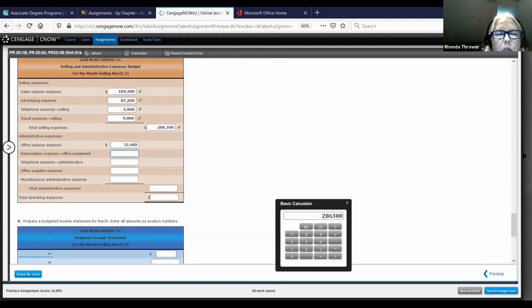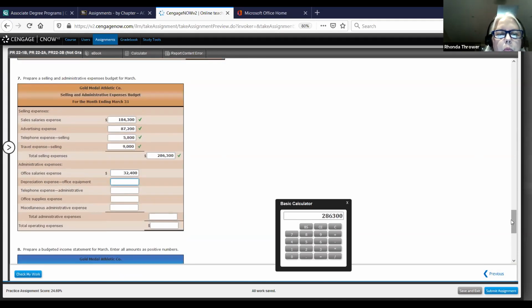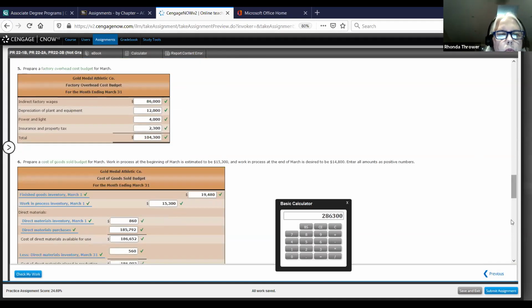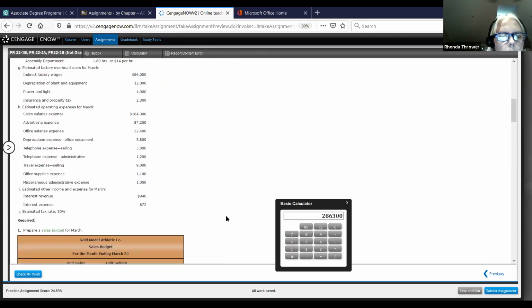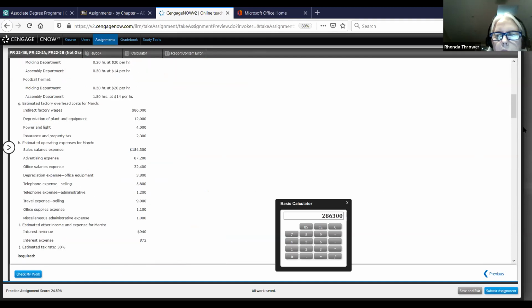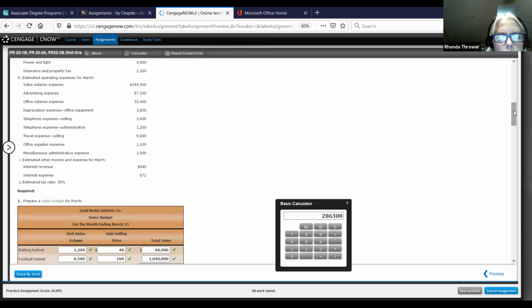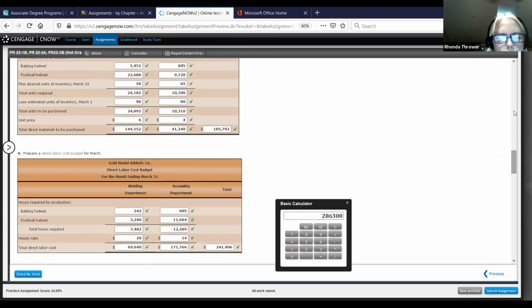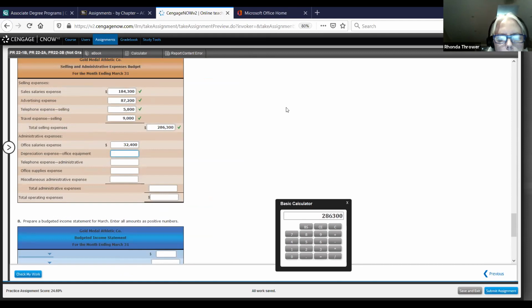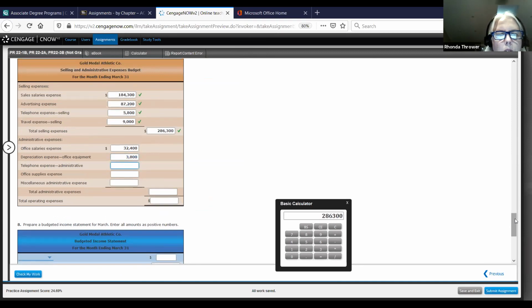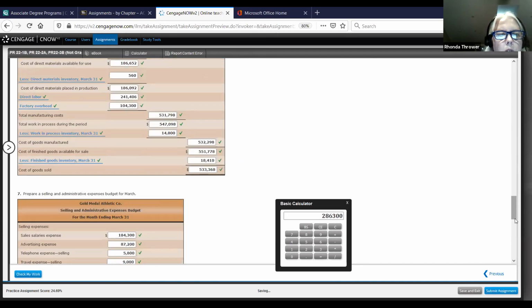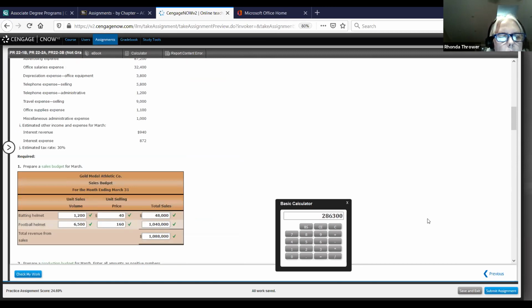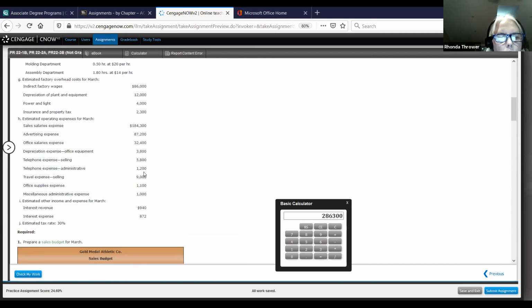Your depreciation expense on your office equipment, $3,800. And your telephone expense, that's the administrative expense, which is $1,200.